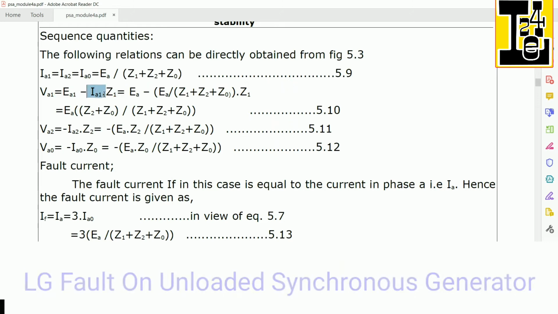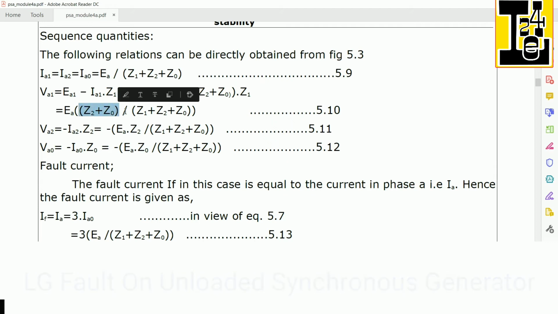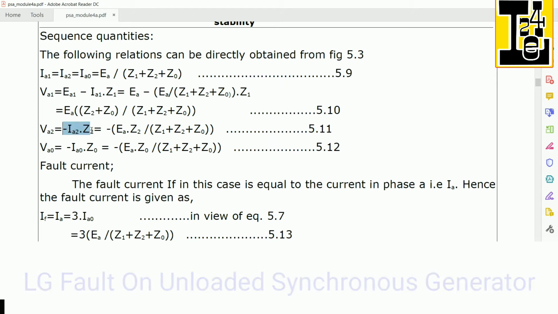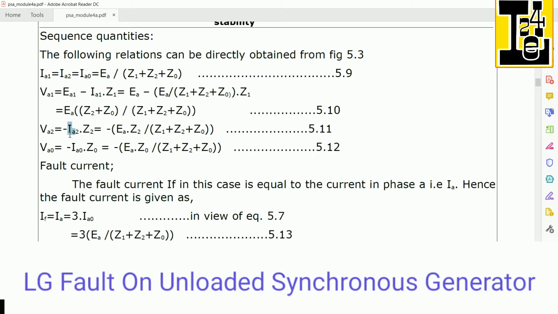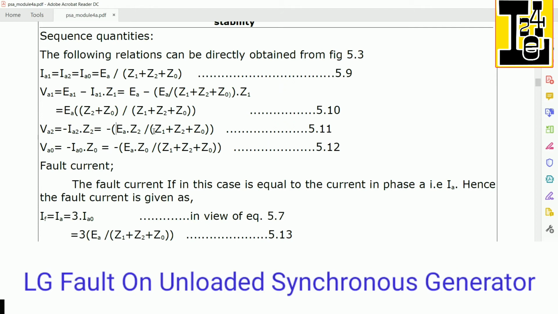Substituting the expression for IA1, we get VA1 equals EA into (Z2 plus Z0) divided by (Z1 plus Z2 plus Z0). We have another system equation, VA2 equals minus IA2 into Z2. Substituting the expression for IA2, we get VA2 equals minus EA into Z2 divided by the sum of Z1, Z2 and Z0.